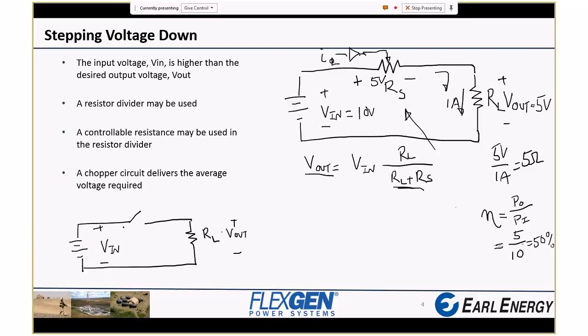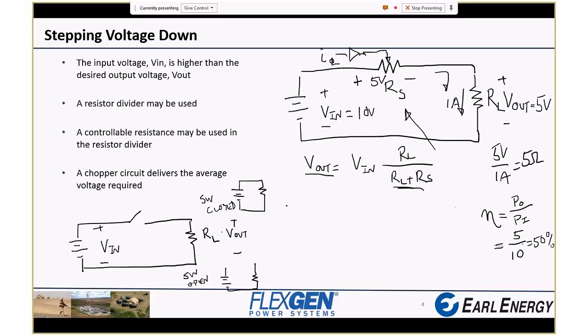This circuit exists in 2 states. One, when the switch is closed, the input is effectively connected right to the resistor. And the other, when the switch is open, the battery and load are unconnected.